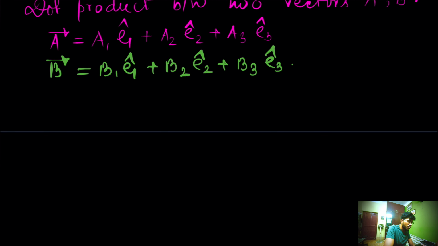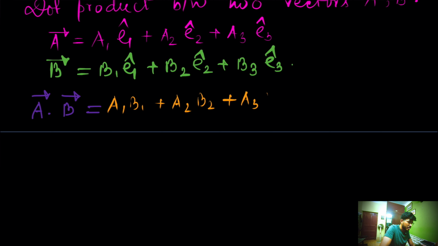Now everyone can tell that A dot B is a scalar and it is nothing but A1 B1 plus A2 B2 plus A3 B3, right?